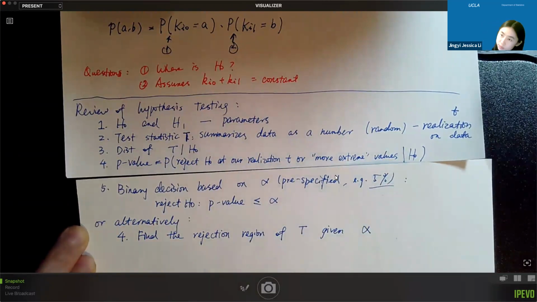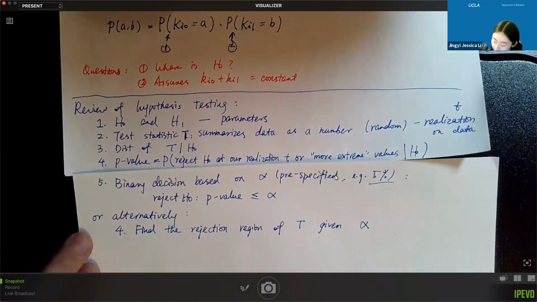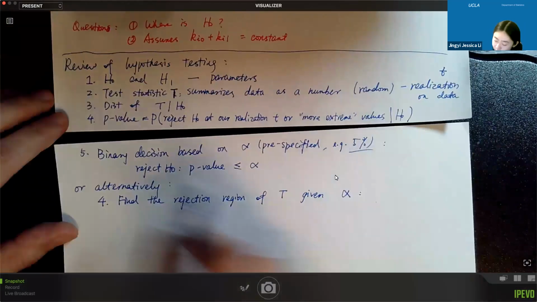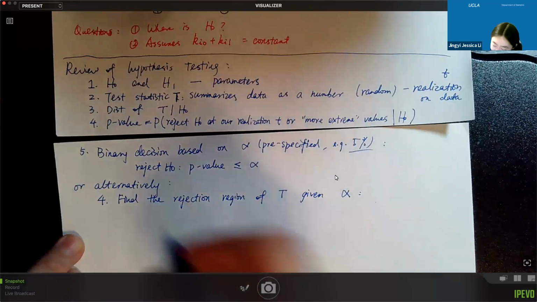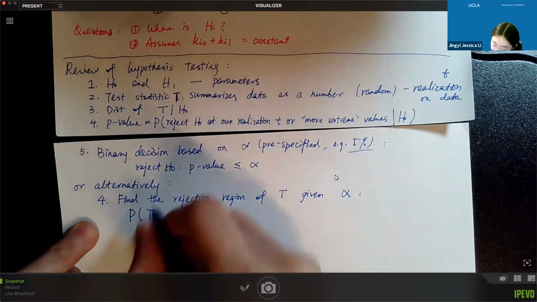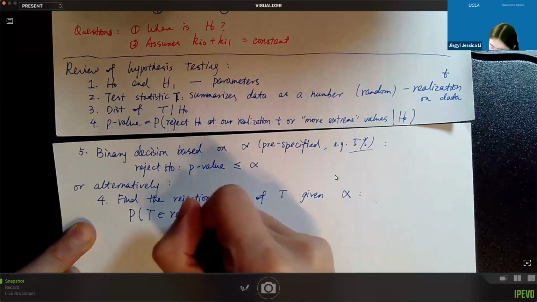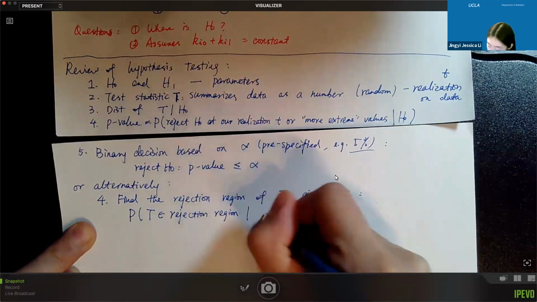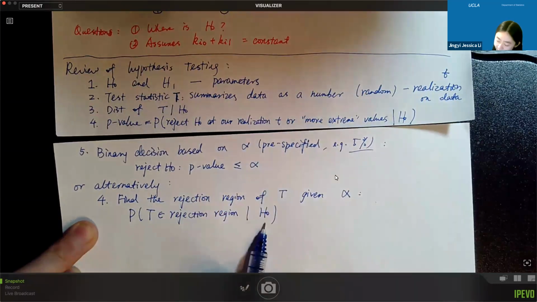That is, you pre-specify alpha and you find the rejection region of the test statistic given its distribution. So the idea is that you want the t statistic to be in the rejection region when the null hypothesis is true.